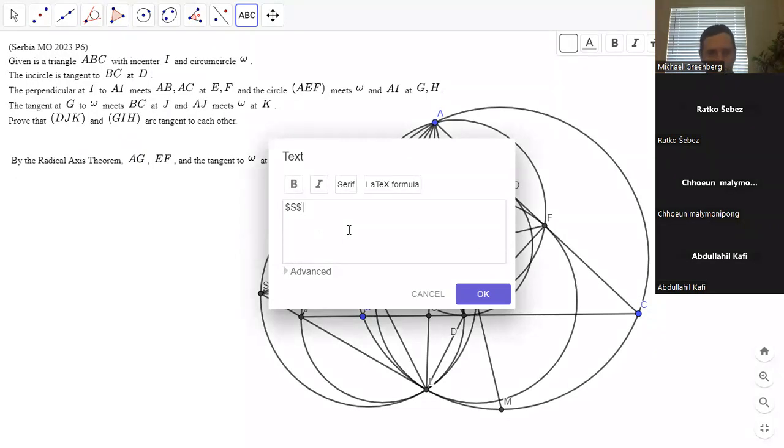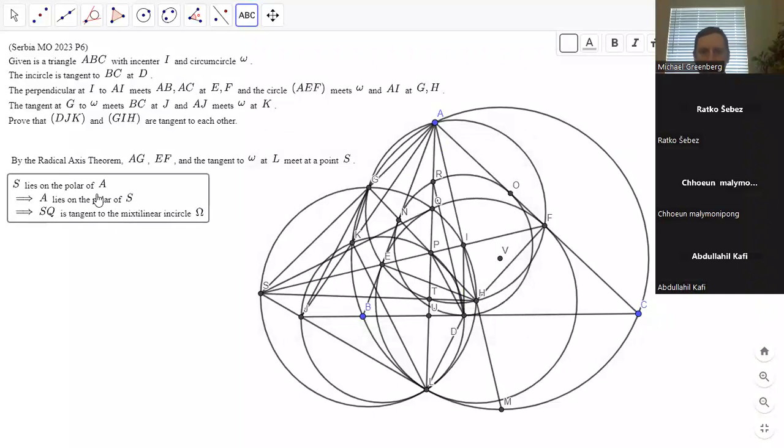S lies on the polar of A, A lies on the polar of S. And that means that SQ is tangent to the Mixtilinear incircle. I'll give it a name, capital Omega. So we know that.